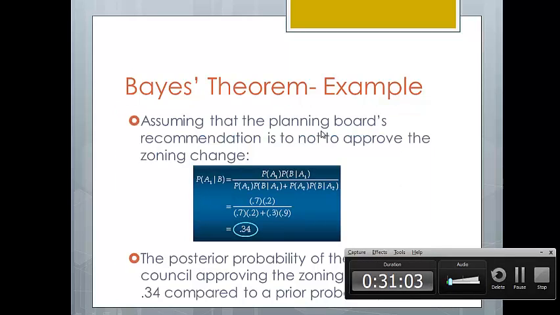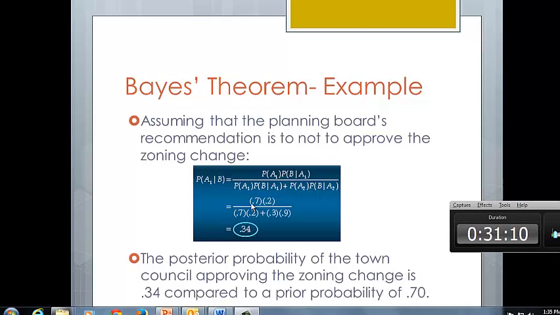Okay, so assuming that the planning board's recommendation is not to approve the zoning change, we have this information in here. What was the probability of event A1? The probability of event A1 is the probability that the town council approved the zoning change. And then we had that 20% chance of a negative recommendation from the planning board, given that.